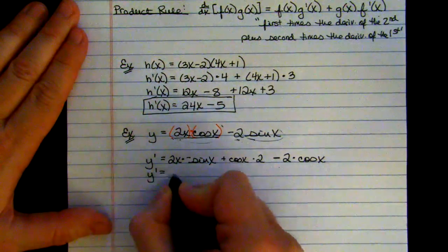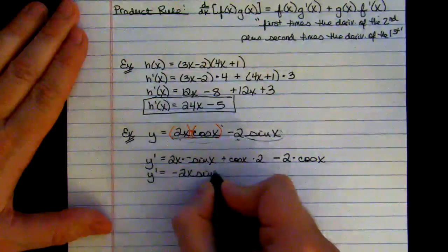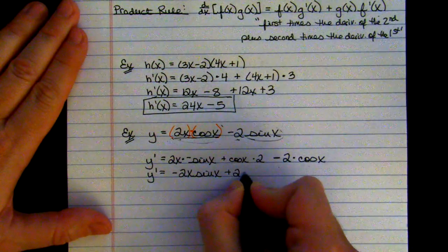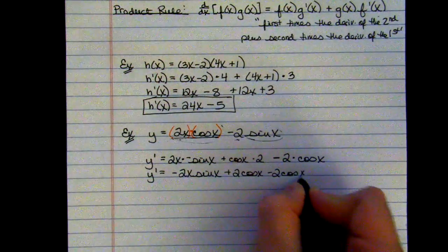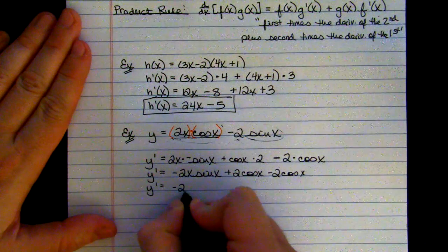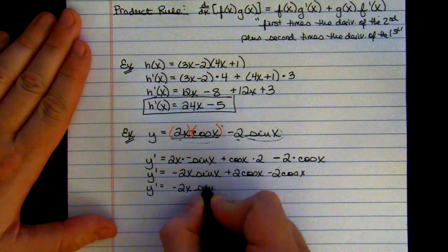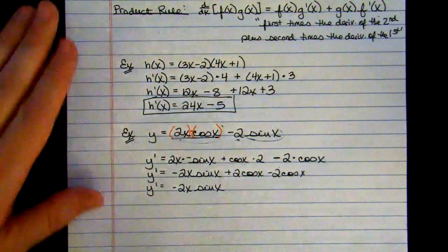We're going to get y prime equals negative 2x sine x plus 2 cosine x minus 2 cosine x, so that's going to be nice. And I can simplify this down to negative 2x sine x. Just a few comments.